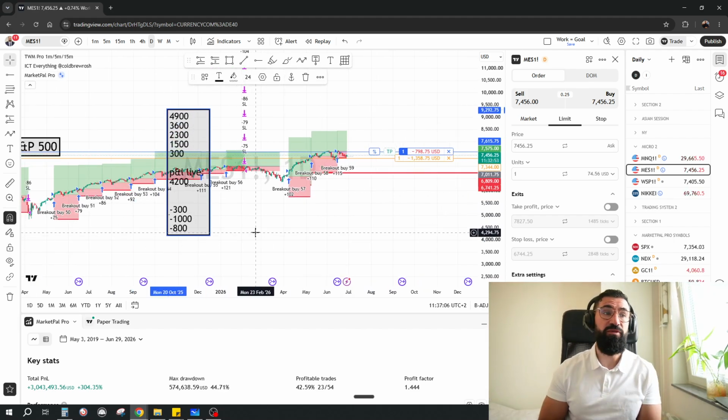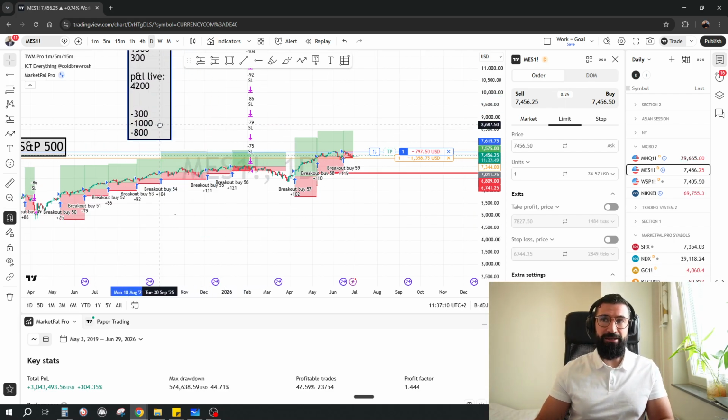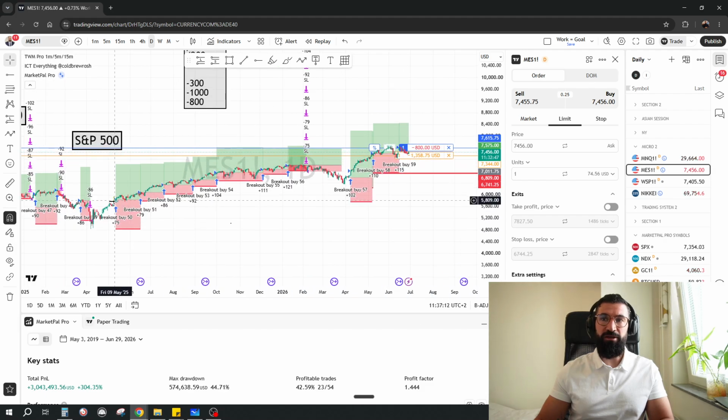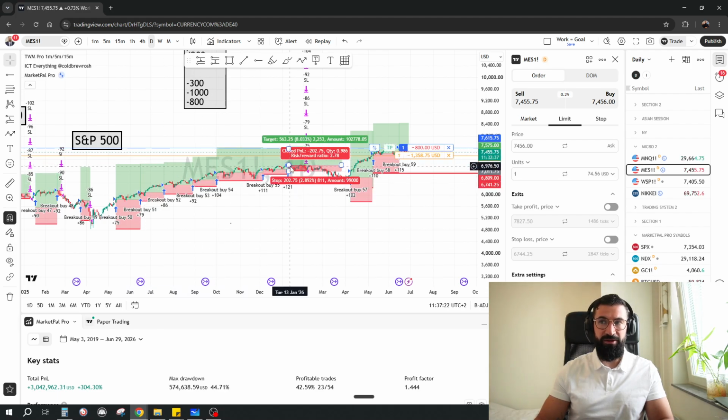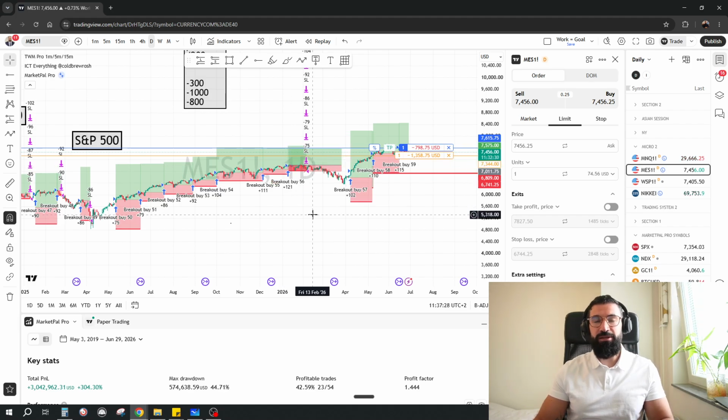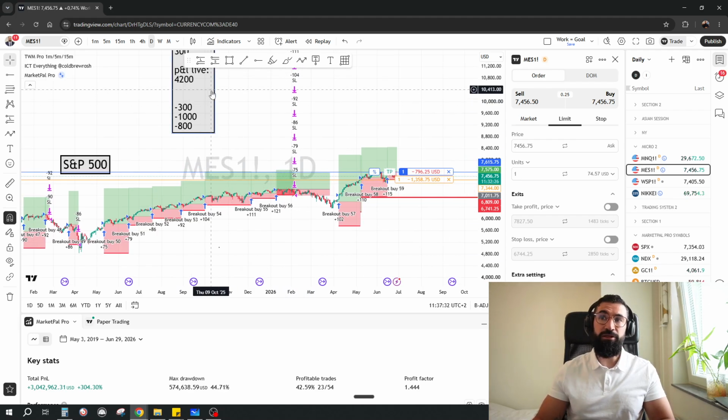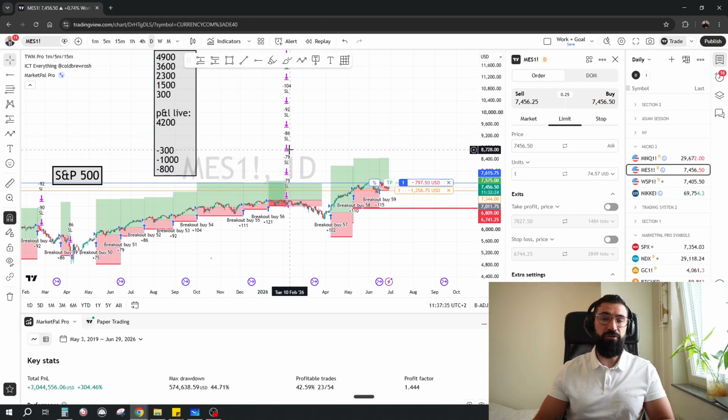That's on S&P 500, and just to get you some perspective, let's say it takes us 2 minutes to take a trade. That's 1, 2, 3, 4, 5, 6, 7. 7 times 2, that's about 15 minutes of work for the entire year, and you gained back 14K.